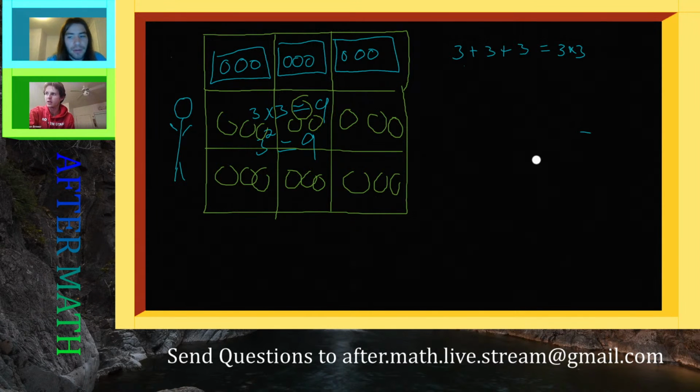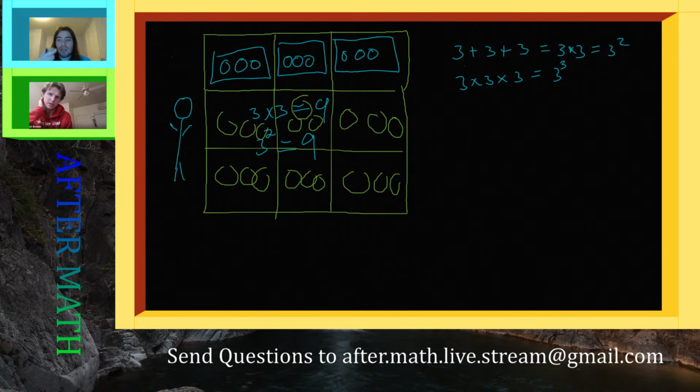And so then, which also equals 3 to the 2, right? But if we wanted to get 3 to the 3, it would be 3 times 3 times 3 equals 3 to the 3.